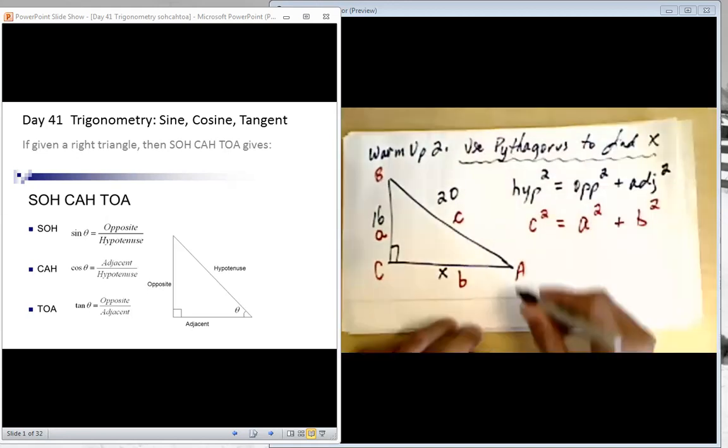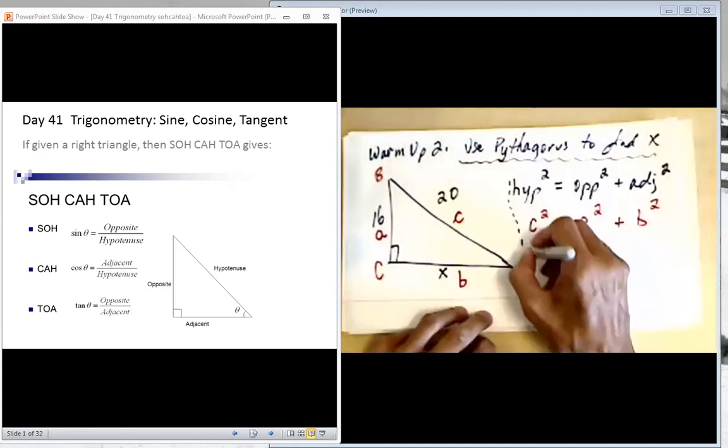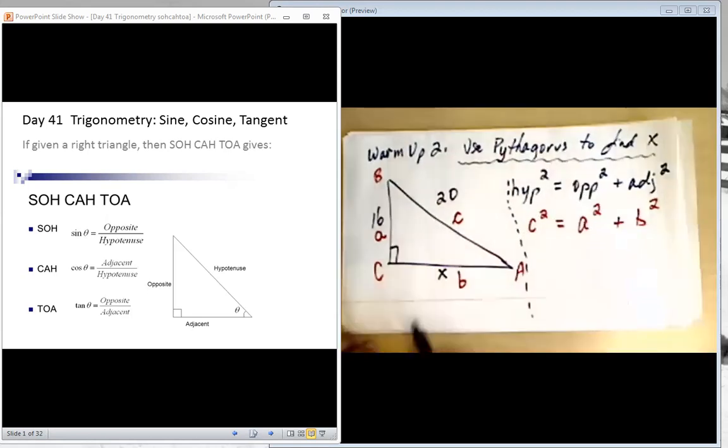All right, so could you continue then and figure out what the value for x has to be? Or you can tell me what comes next.